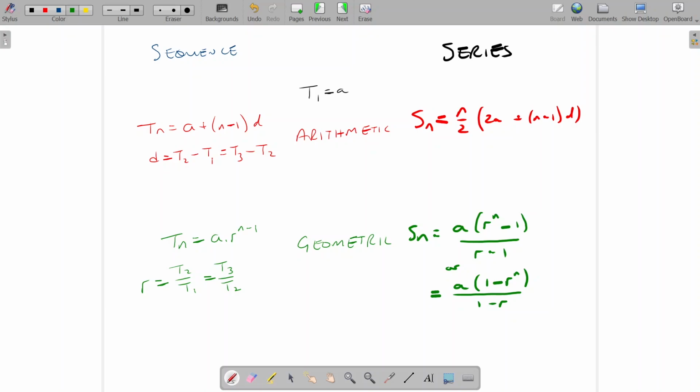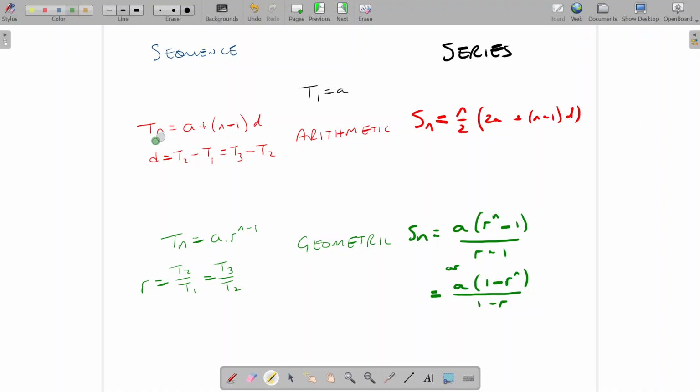Now, again, what I'd like you to notice is this appearance of the n minus 1. It's not quite as obvious in the green example, but you can see an n and a minus 1 if you look for it. But what I want to quickly comment on is that in all four of these major equations, there are 4 variables: t, a, n, and d.